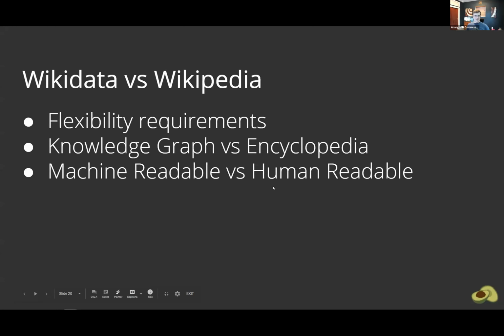And just to take a quick sidebar there as far as the differences between some of these things. So Wikidata is going to be a knowledge graph where Wikipedia is an encyclopedia. And some of the flexibility requirements there go to Wikipedia, where you're having more human interaction. The data that may have existed or may have been necessary yesterday may change.